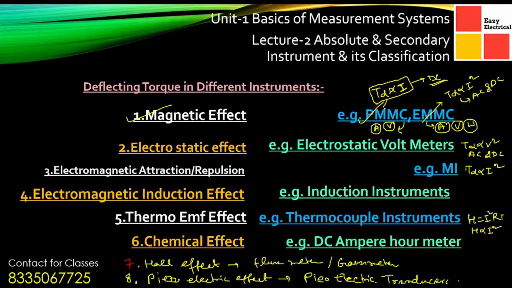The square term variation is observed in the EMMC type instrument, the MI type instrument, the electrostatic voltmeter type instrument, and the thermocouple type instrument. So this is the relationship of the different effects seen in different types of instruments, and the relationship of the deflecting torque with respect to the current and the voltage.